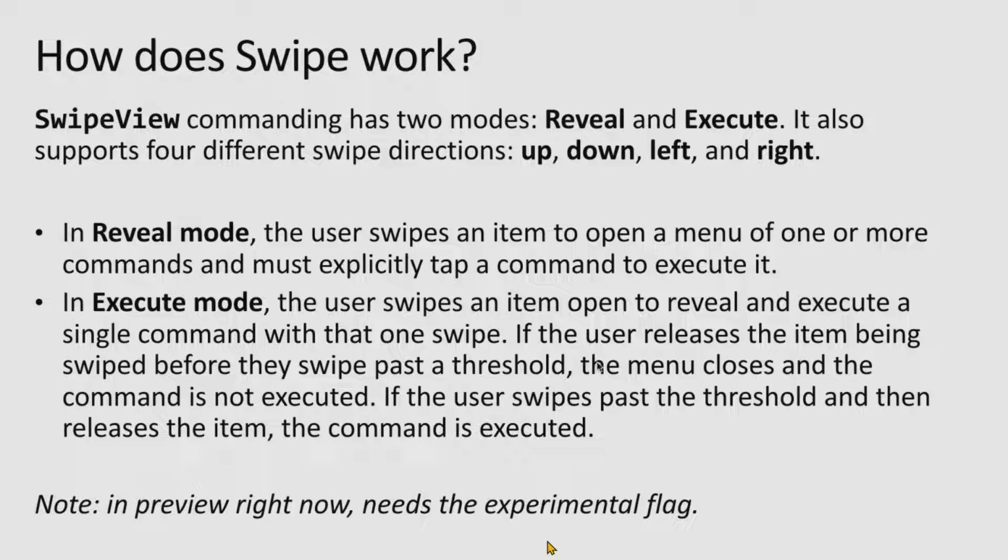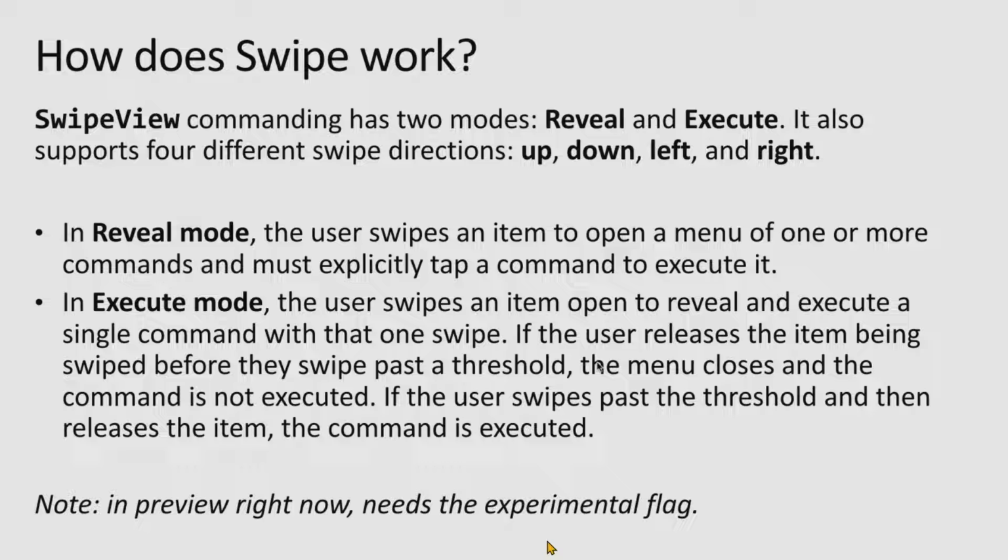We will see the different commands, and to execute a command, we need to explicitly tap one of them. In the execute mode, it's totally different. We only need to swipe, and if we pass the swipe threshold, the command associated with every item will be executed, and if not, the swipe view will just be closed.